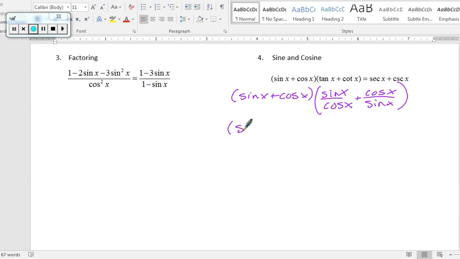So I'm going to leave this first part here. I'm just going to bring it down, noticing I don't leave anything dangling up on the top. And what I want to establish is a common denominator of cosine x sine x. So I'm going to multiply this first part by sine over sine. That's going to get me sine squared x.